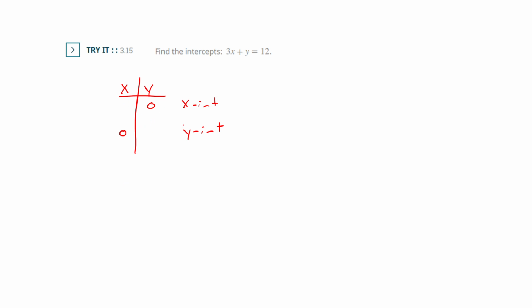So let's plug these in like we've been doing for some time here. 3x plus 0, plugging in that 0 for y, equals 12. 3x must be 12. X must be 4. Okay, let's go the other way. We're putting a 0 in for x. That's all going to just drop out, so y must be 12.